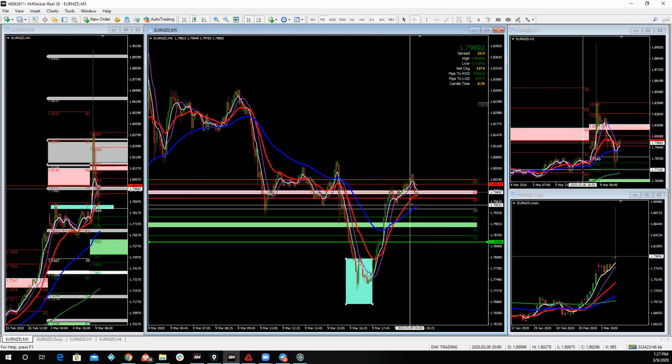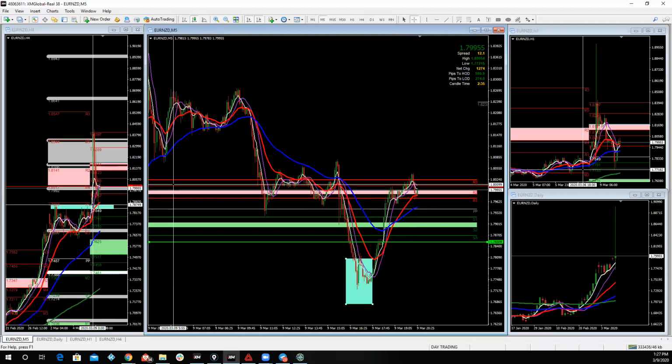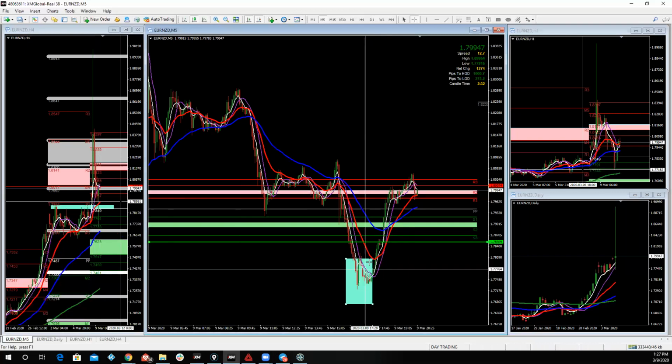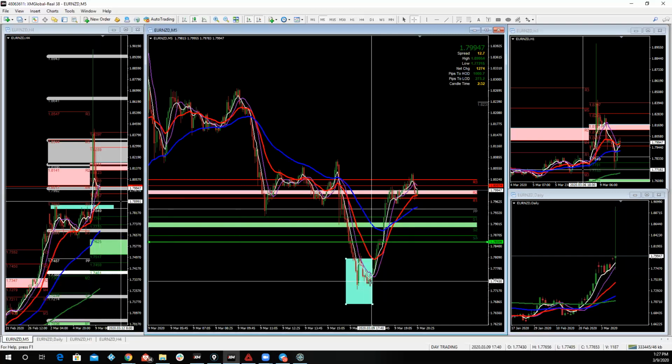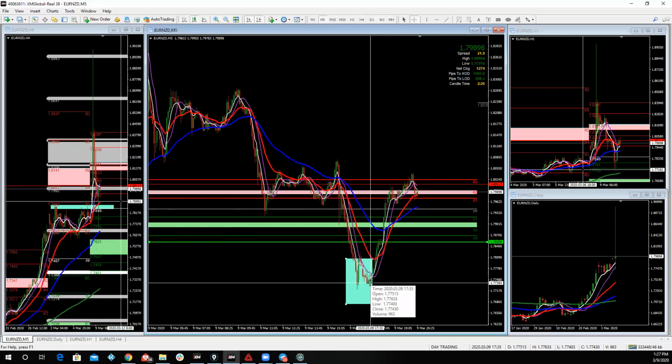So at least you have the person on the bigger time frame behind you, and you have the person on the lower time frame behind you. So that gives you more confidence, or more push towards your bias.